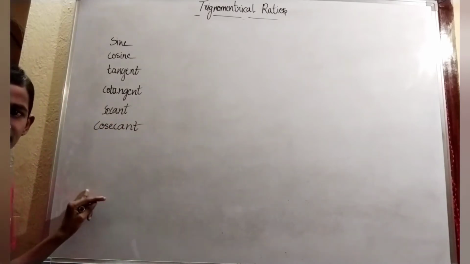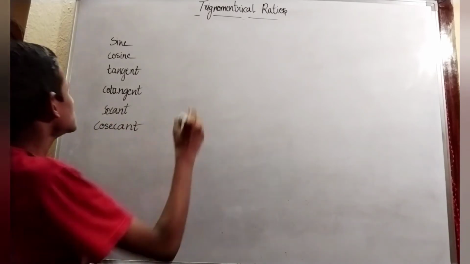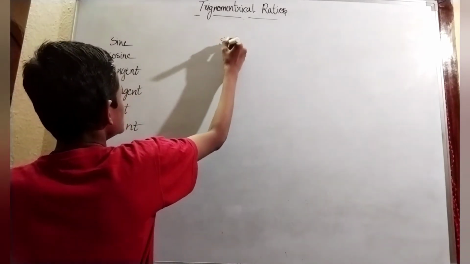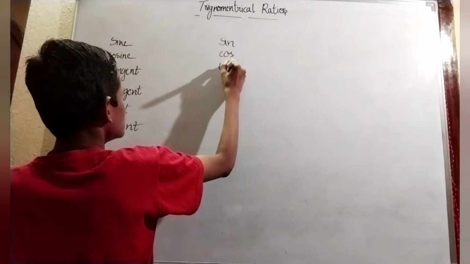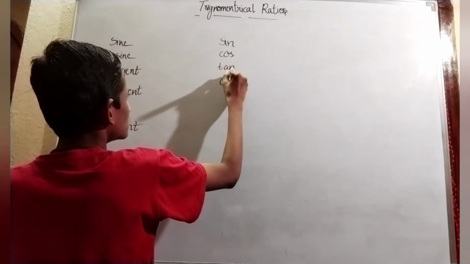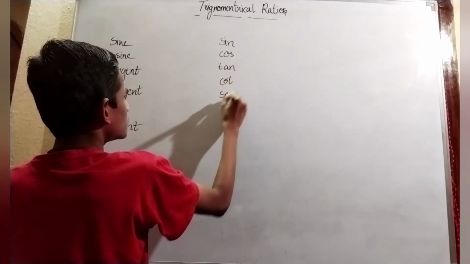In short, these six trigonometrical ratios are written like this. That is sin, cos, tan, cot, sec and cosec.